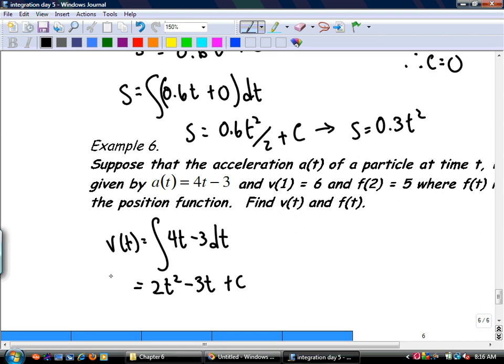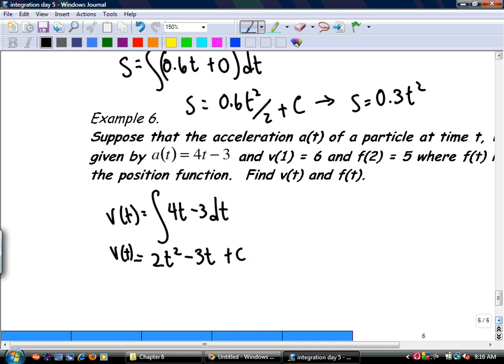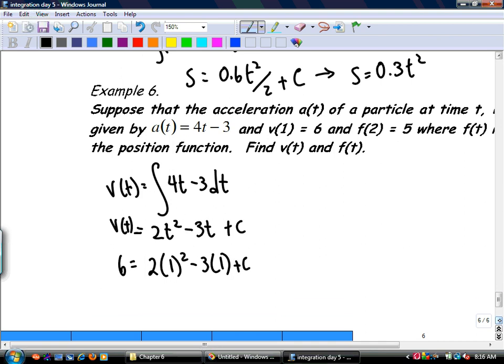Now what are you going to do? Put 1 and 6 in. 6 equals 2 times 1 squared minus 3 times 1 plus c. 6 equals negative 1 plus c. c equals 7.